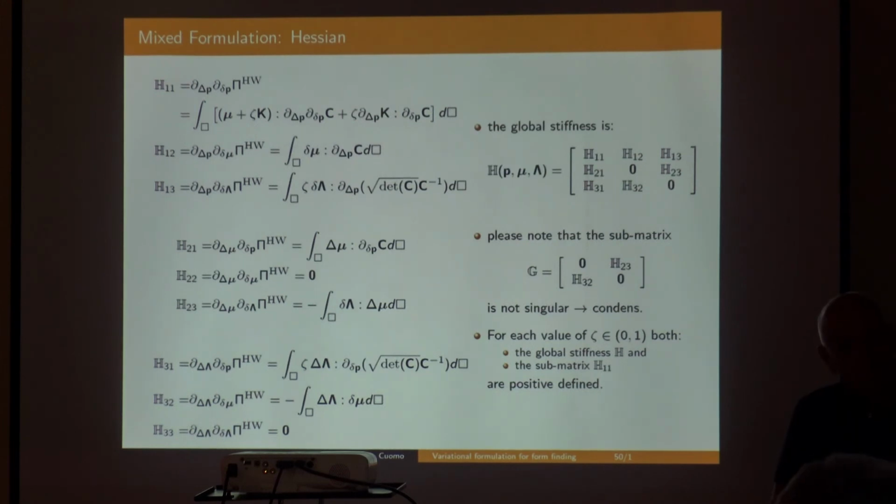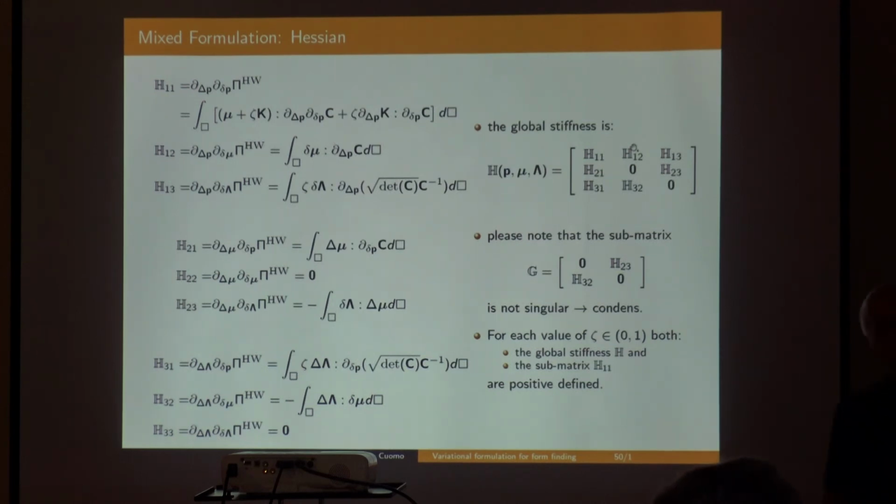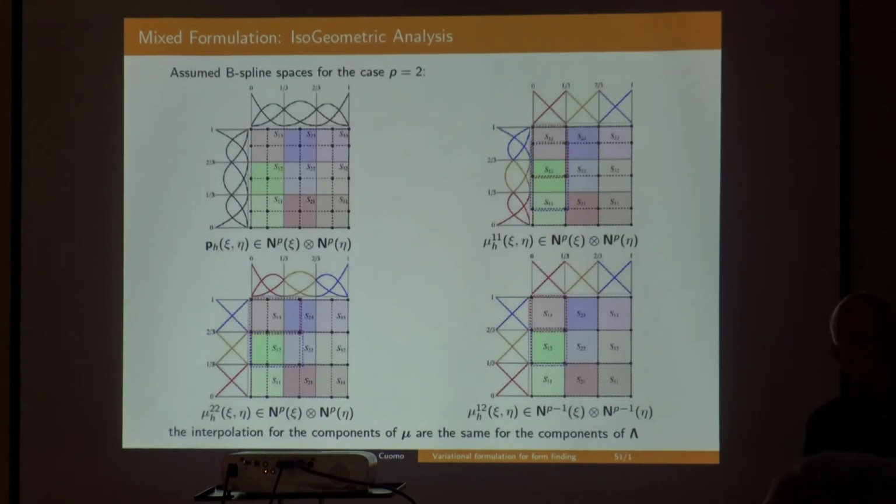Not only positive definite, but also with a very small conditioning number. So it's a very well defined matrix. I have no general proof for this. And also the matrix H12, the rectangular matrices of the constraints that come out with the mixed formulation, are always full rank. So it seems to be a very robust formulation. Anyway, we have to find a way of proving it in generality.